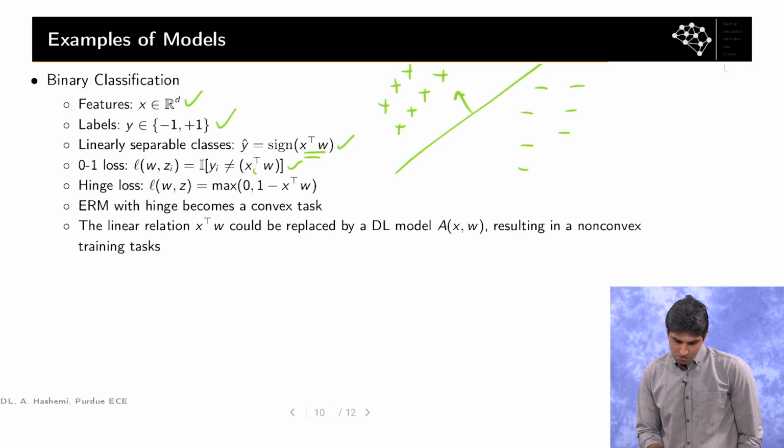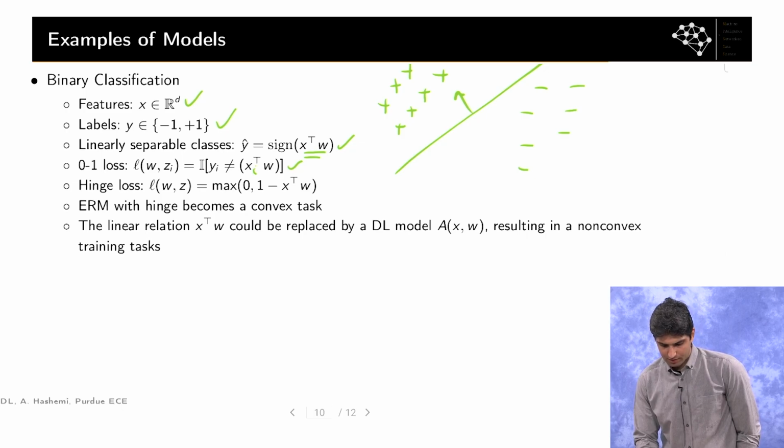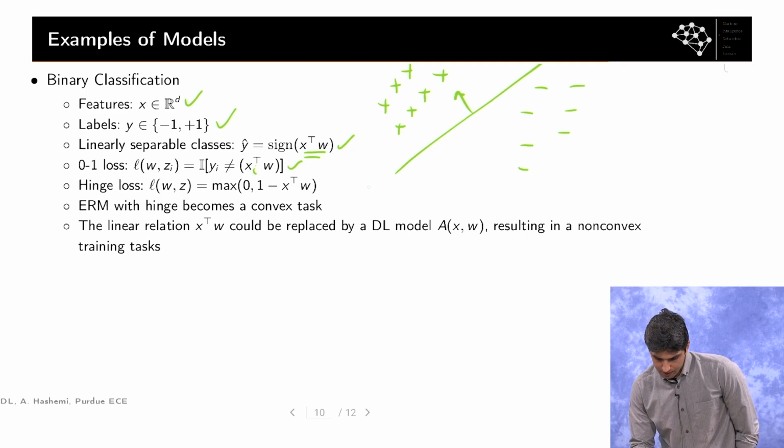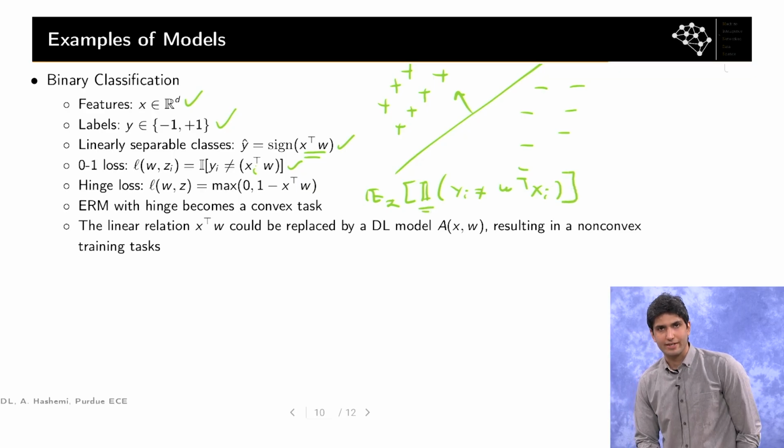Okay. Now, this is very intuitive, and another reason that this is a useful loss is that when I talk about the average loss, or basically the loss of a sample z, and by the way, this is basically the indicator function.